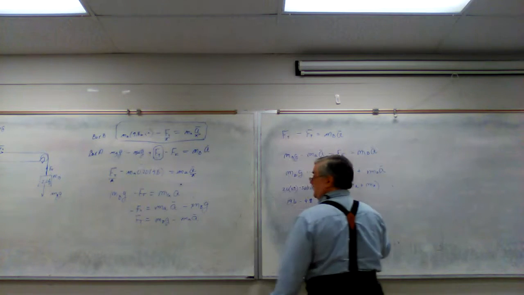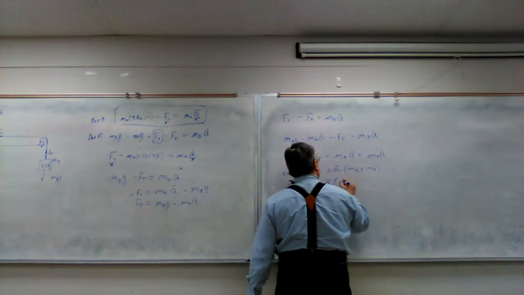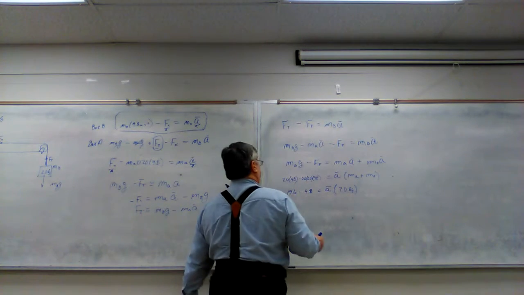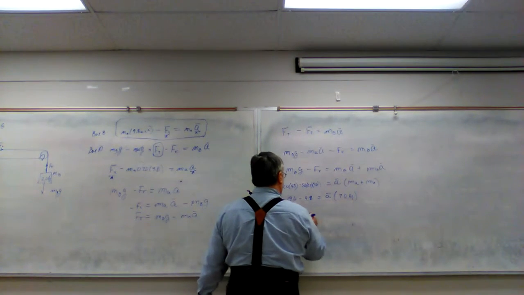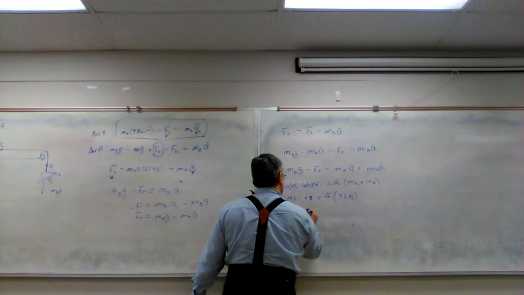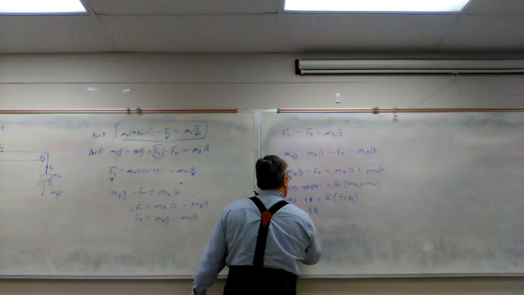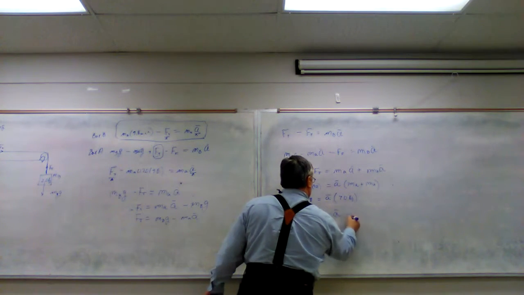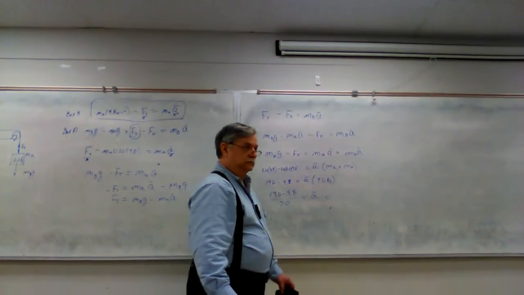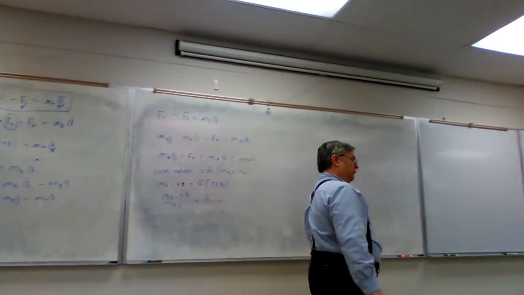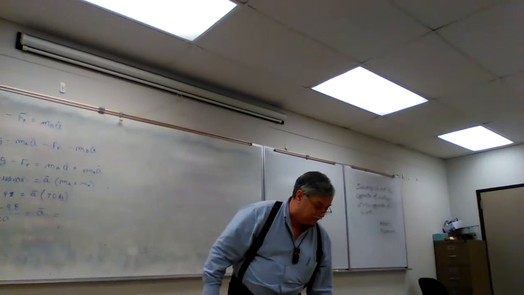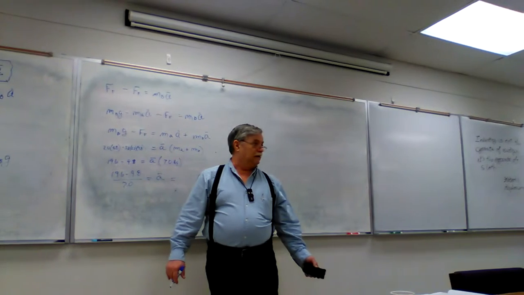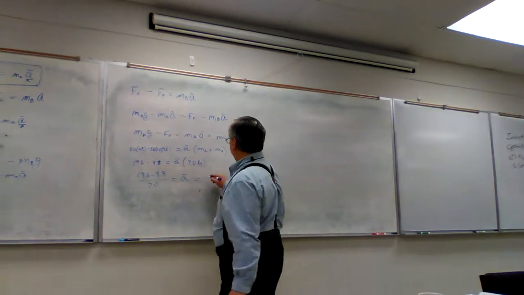And mass A plus mass B is 7 kilograms. 19.6 minus 9.8 divided by 7.0 gives us A. Somebody do the arithmetic, and please tell me it comes out to 1.4. 1.4 meters per second squared? Yeah? Excellent.